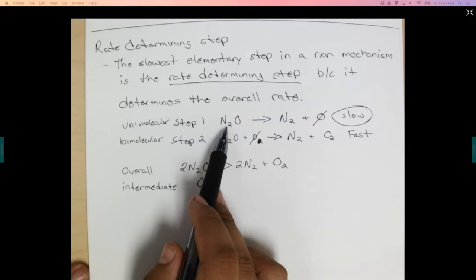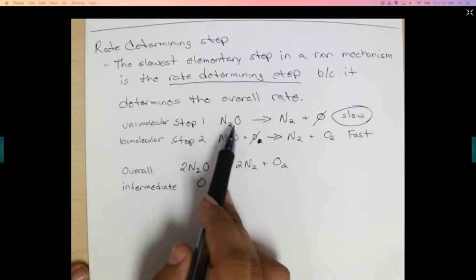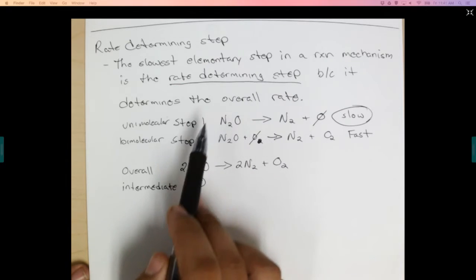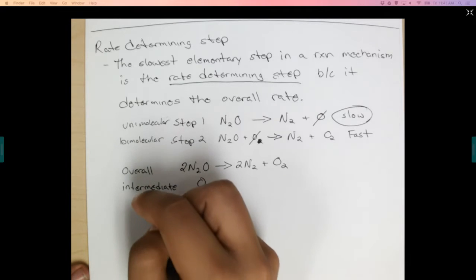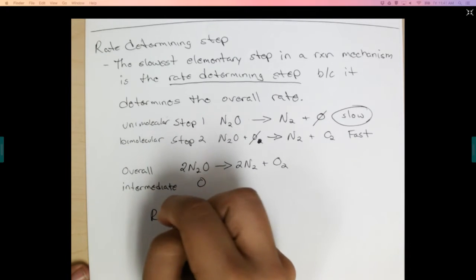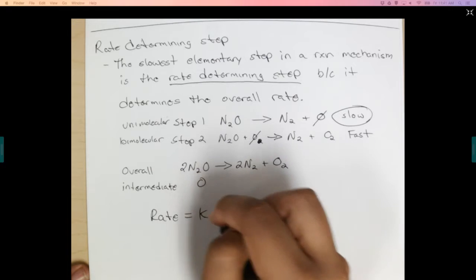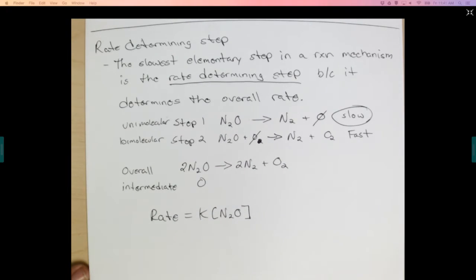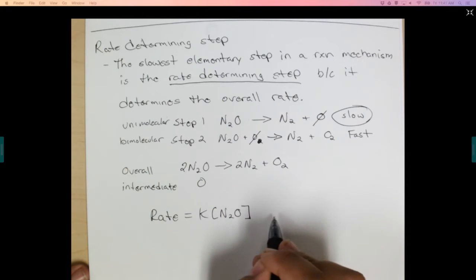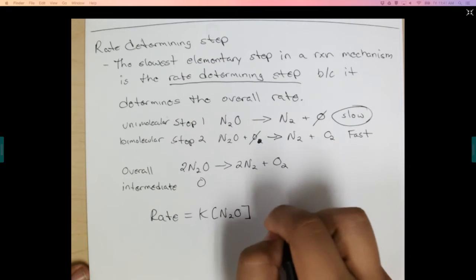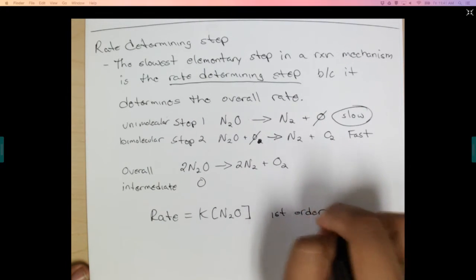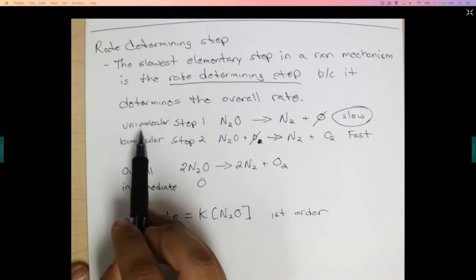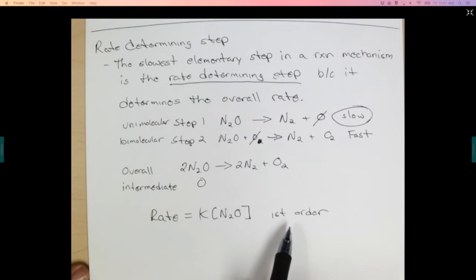And we see that step 1 is an elementary reaction that only has one reactant. Therefore, the rate law has to equal this. It is first order, and we should realize that because we deem this to be unimolecular, so this has to be first order.